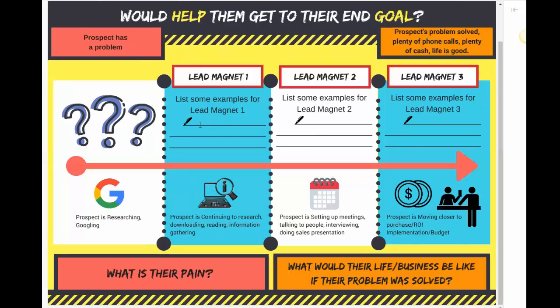Now they're setting up meetings, interviewing, and probably receiving sales presentations. They're looking at more nuts and bolts, and it's becoming more real to them that yes, Facebook advertising is really what we want to do. I just need to figure out what different levels of service people offer, and what the guarantees are.